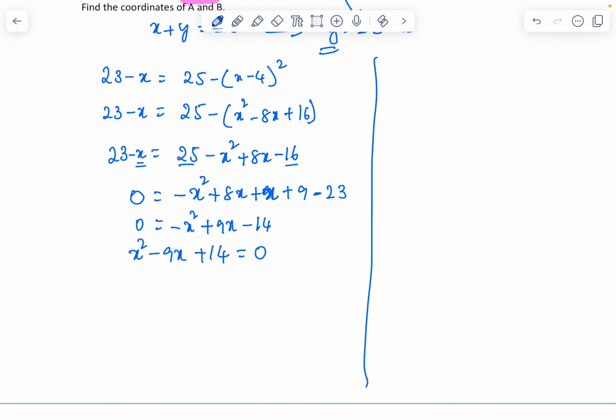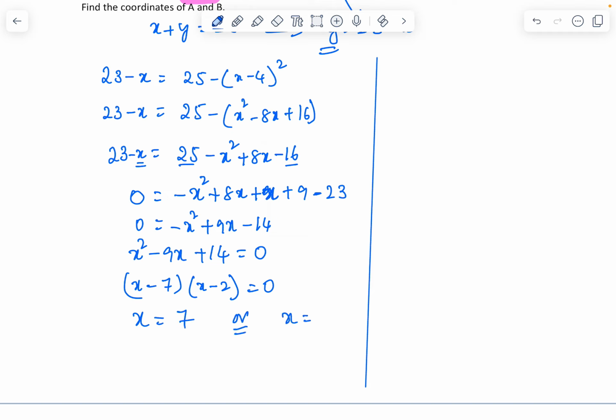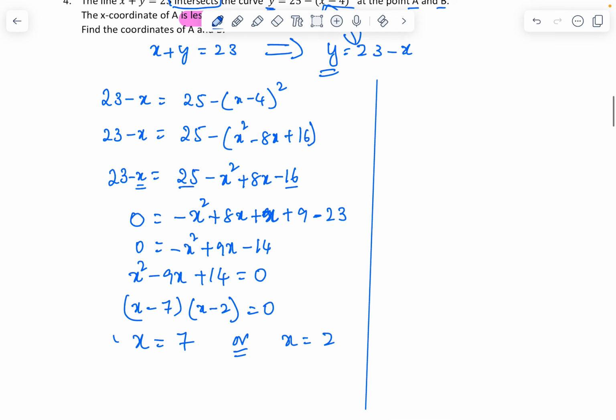Okay, so now I'm going to factorize. This gives me x minus 7 times x minus 2 equal to 0. So x equal to 7 or x equal to 2. When x equal to 7, you can substitute in the equation here: y equal to 16, and when x equal to 2, y equal to 21.